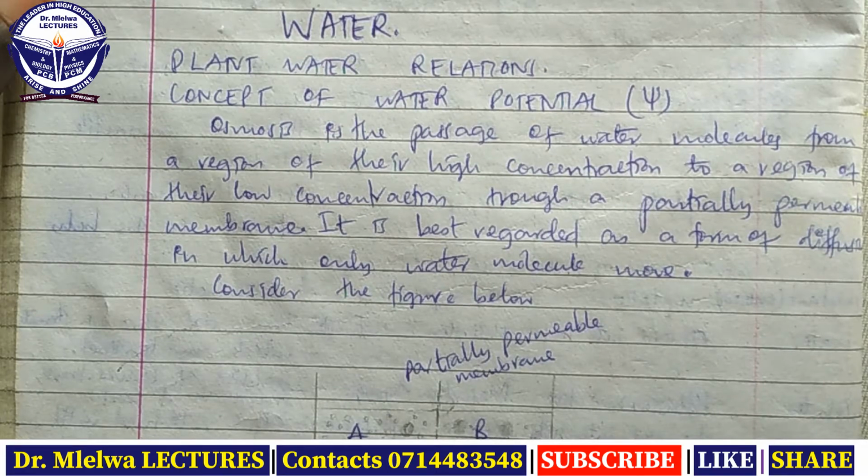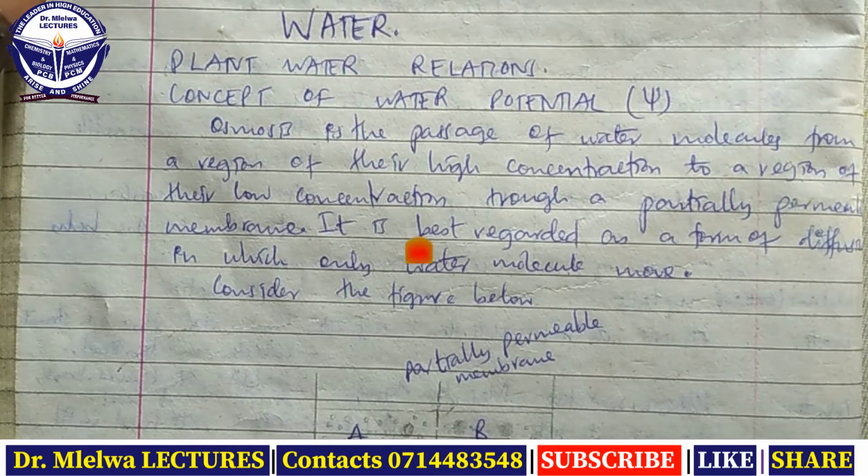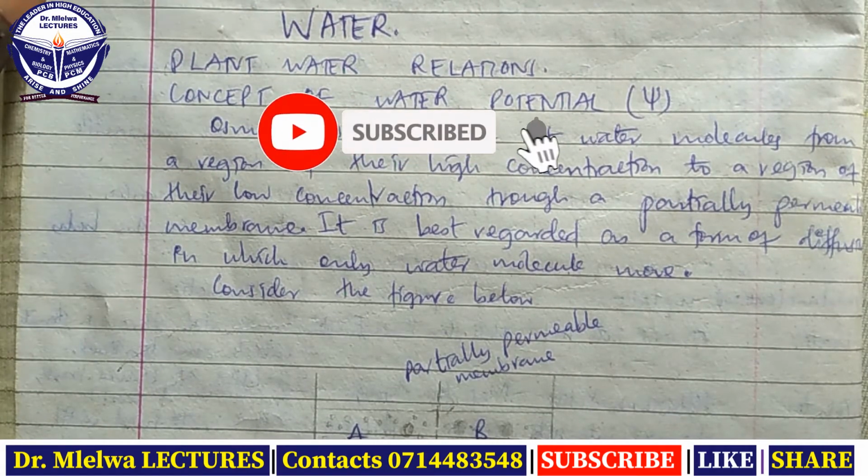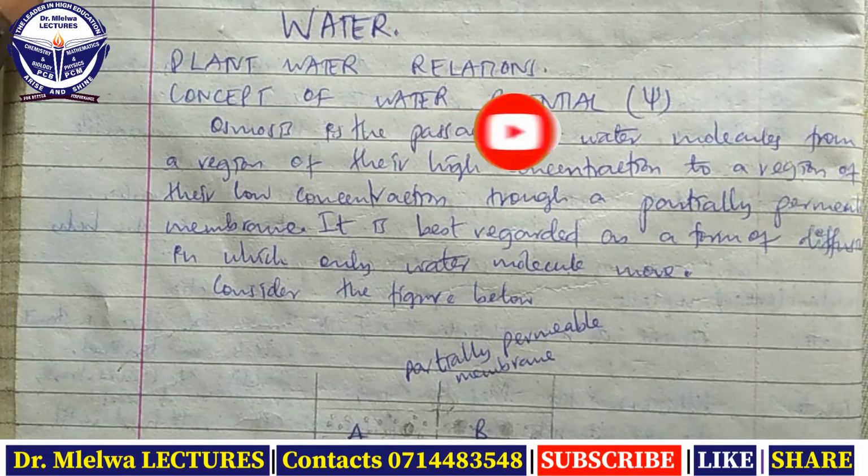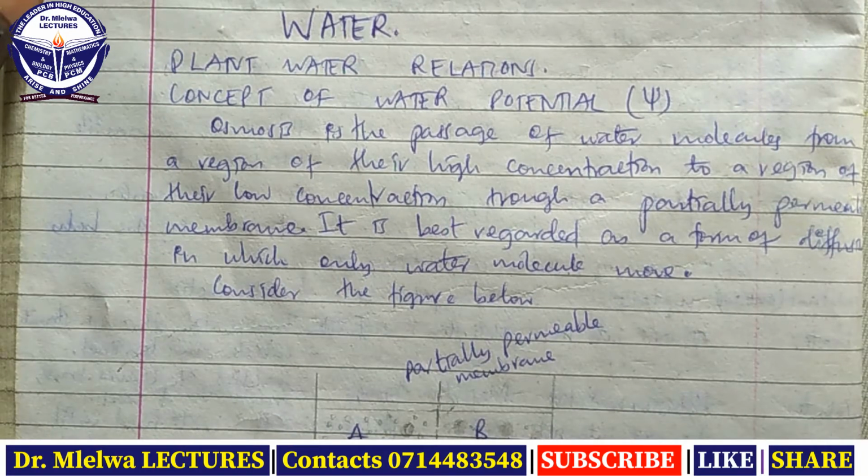Some people say that osmosis is a specific type of diffusion which involves the movement of water molecules. As we know, diffusion is the movement of molecules of a certain substance from a region of high concentration to a region of low concentration. That is the definition of diffusion.